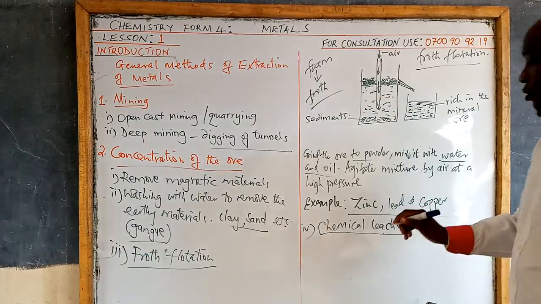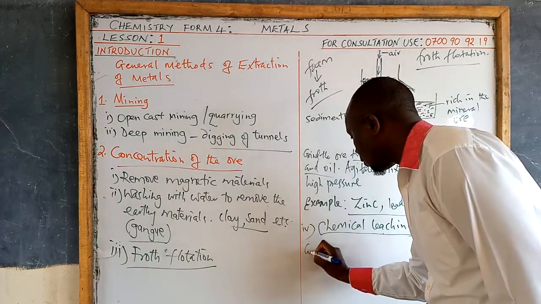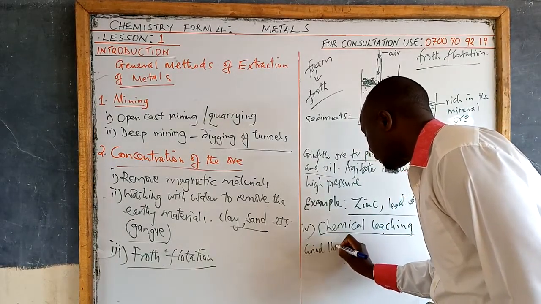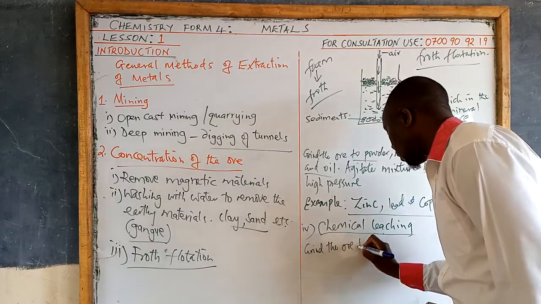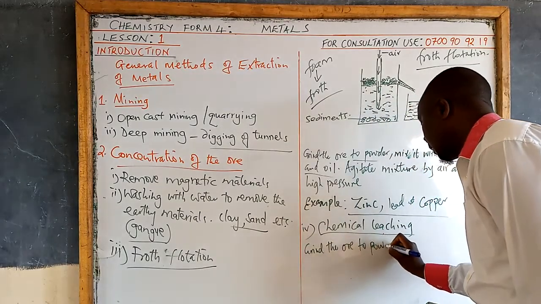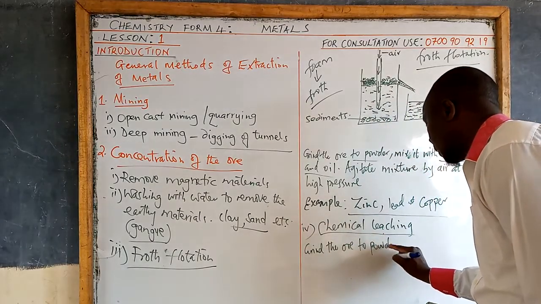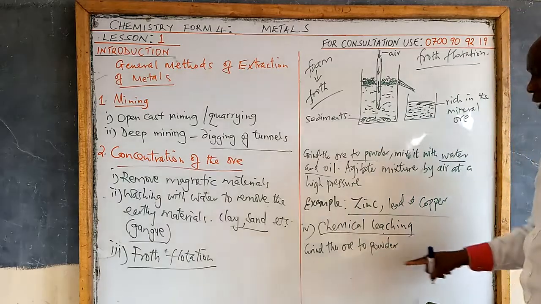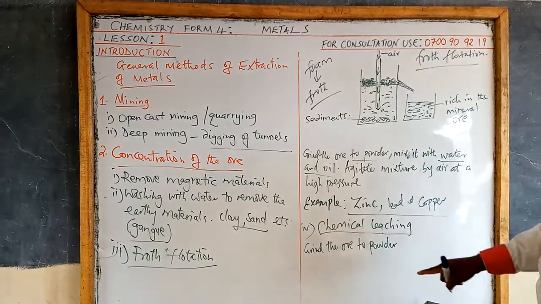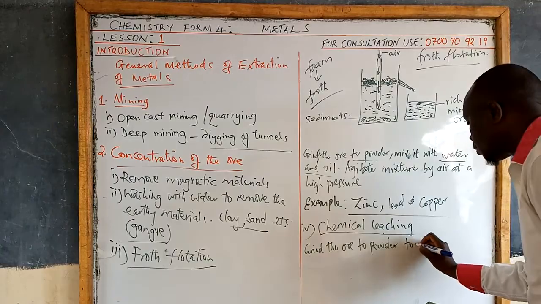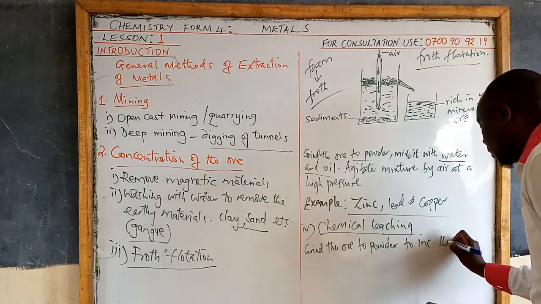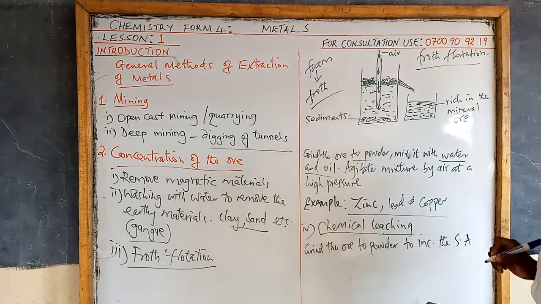So here again, you grind the ore to powder. The reason for grinding is to increase the surface area. So you grind the ore to powder to increase the surface area.